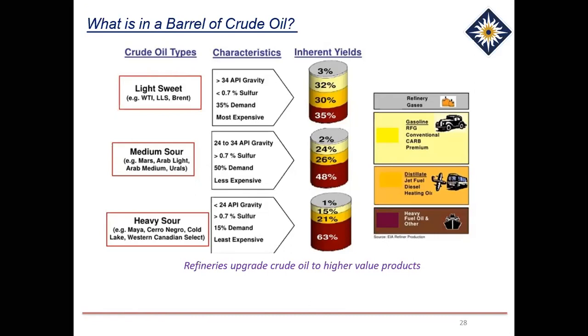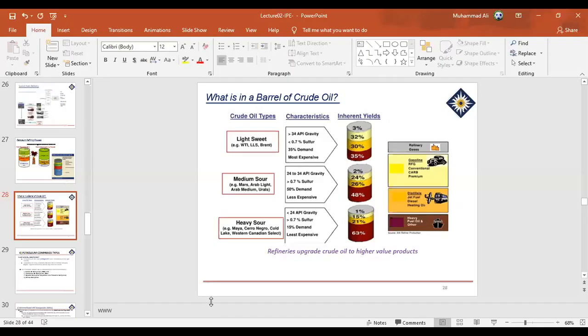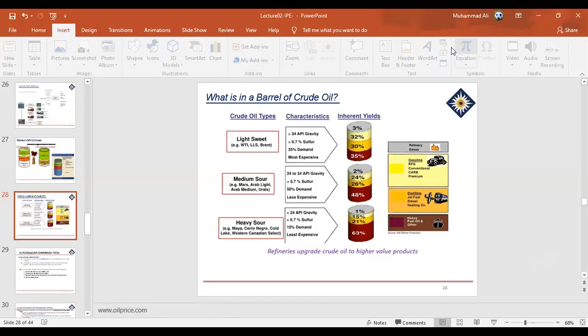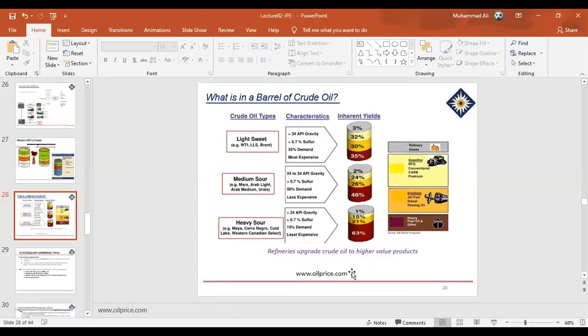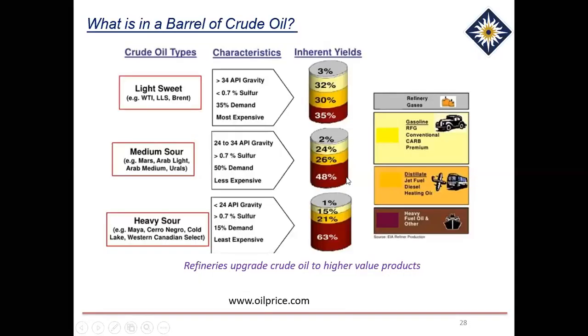I can write the website for you. Oilprice.com. Can you see that? If not, I can write it here. On this website you can find all the information about oil prices.